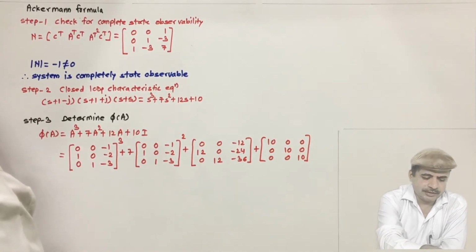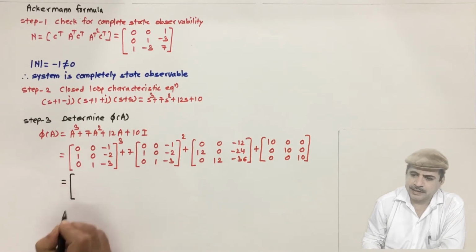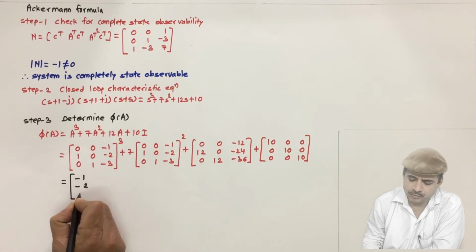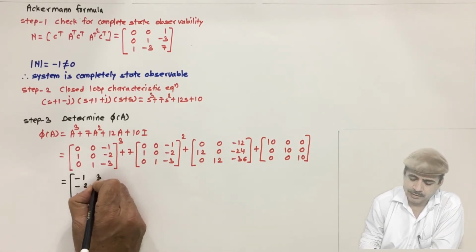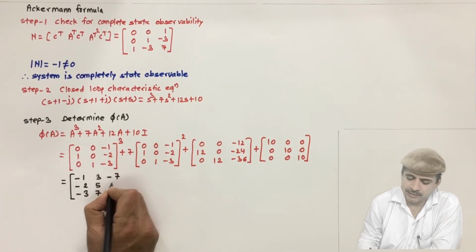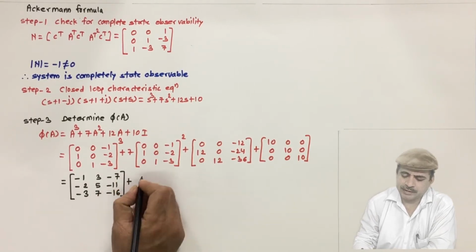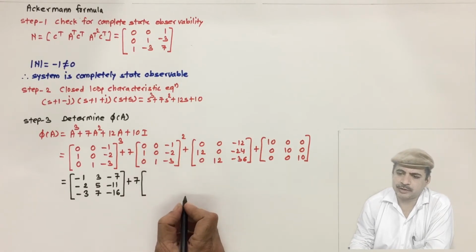Now calculate this using a calculator. I have already calculated it and I have the values. A cube is minus 1 minus 2 minus 3, 3 5 7, minus 7 minus 11 minus 6. You can do this using a calculator. And A square also I have calculated already.